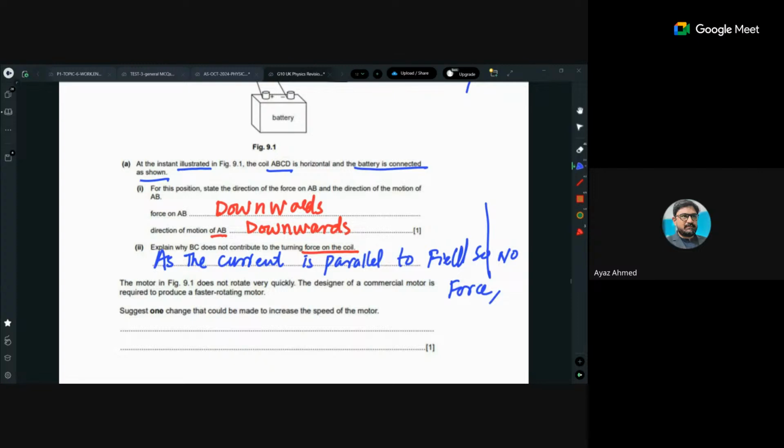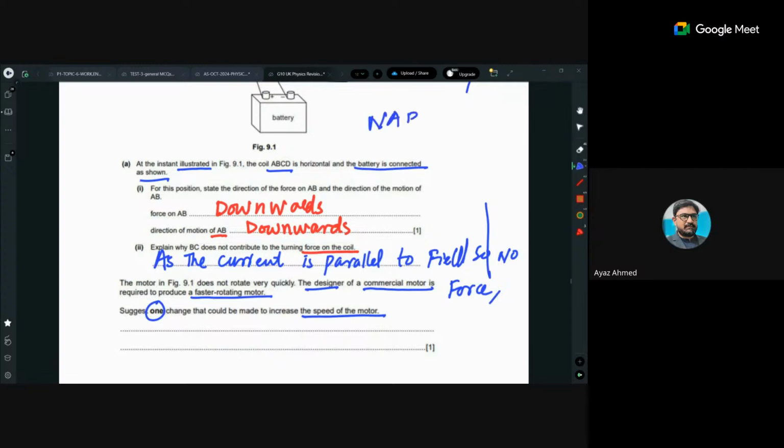The motor in the figure does not rotate very quickly. The designer of the commercial motor is required to produce a fast rotating motor. So state just one change that could be made to increase the speed of the motor. What do we do to increase the speed of the motor? I told you: either increase N, either increase A, either increase B, or increase I. So what would be convenient here?